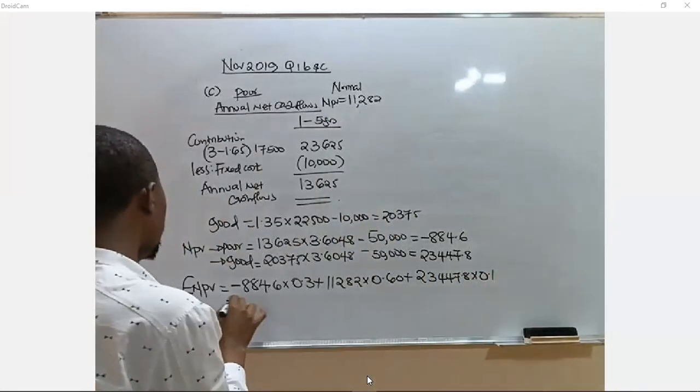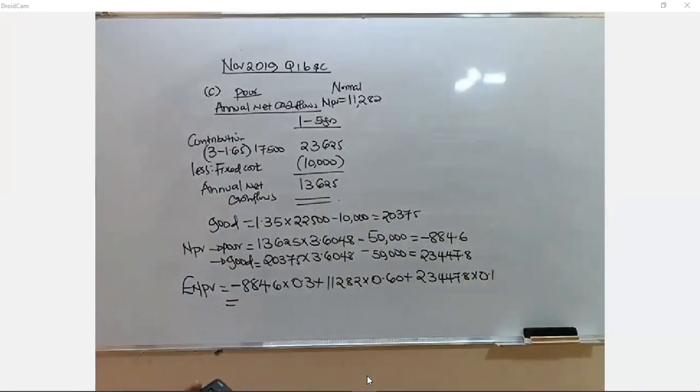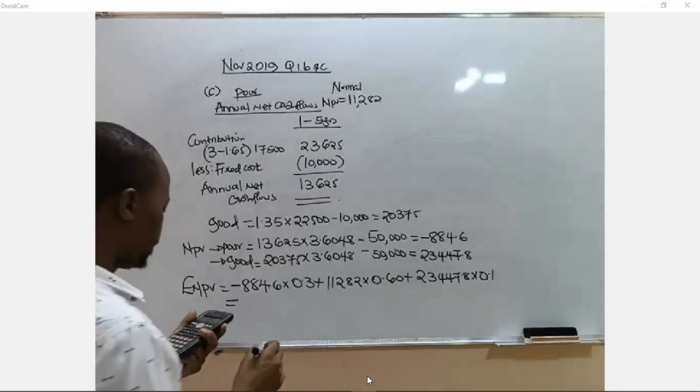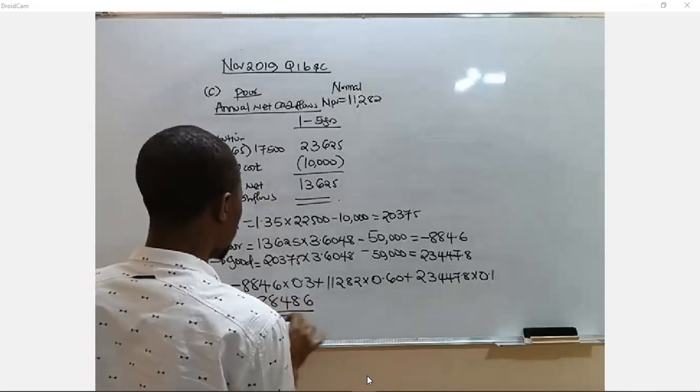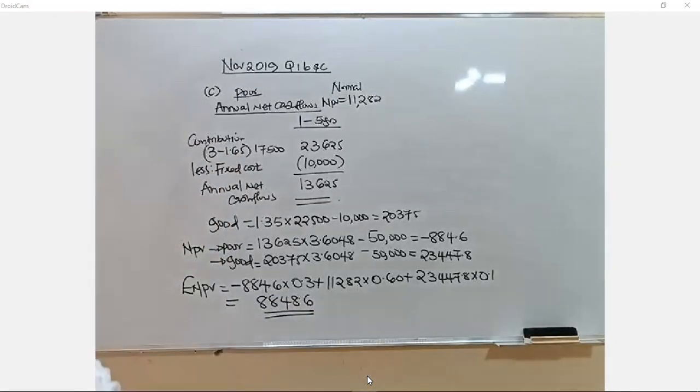What is your expected NPV? So it will be negative 884.6 times 0.3 plus 11,282 times 0.6 plus 23,447.8 times 0.1. We are getting 8848.6. That is 8848.6.